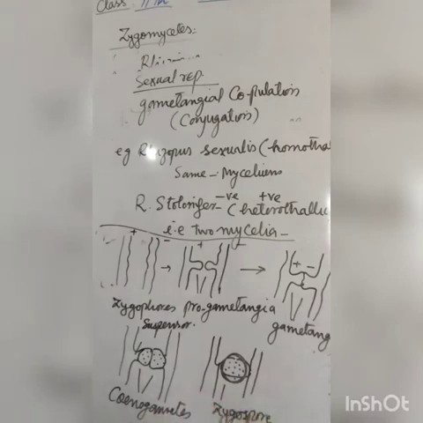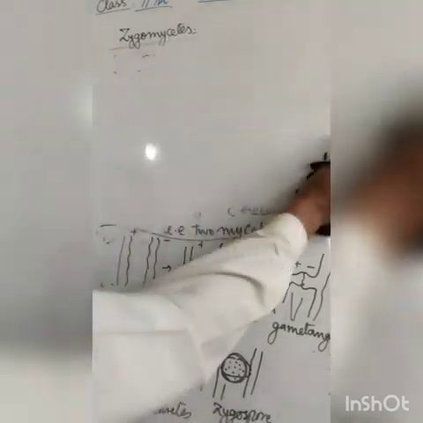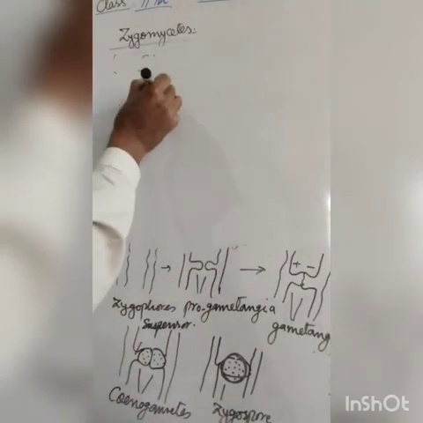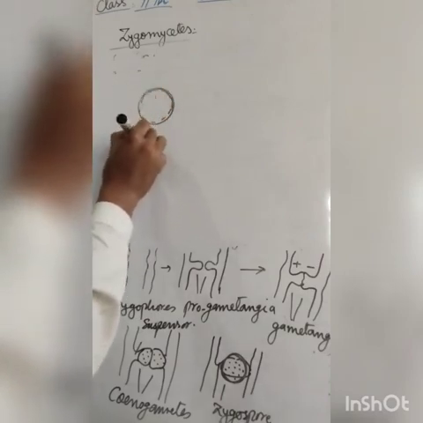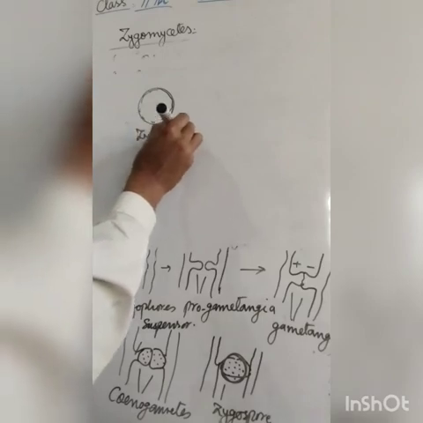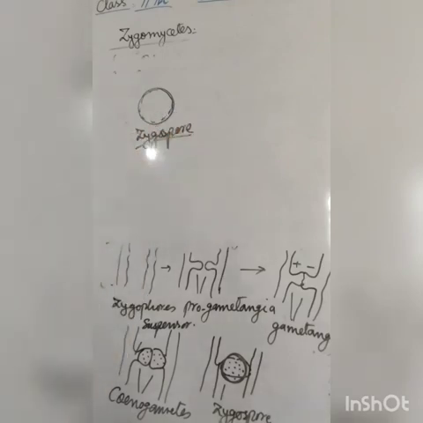So they are called Zygomycetes as they form the resting spore. First occurs plasmogamy, then karyogamy, and then meiosis, which may occur later on.